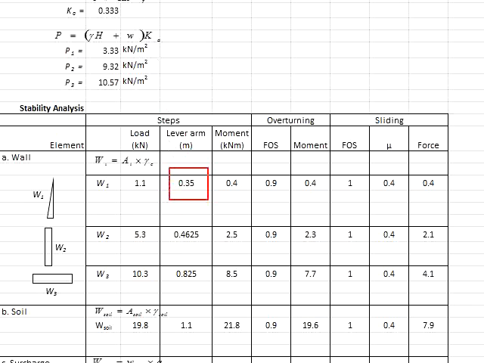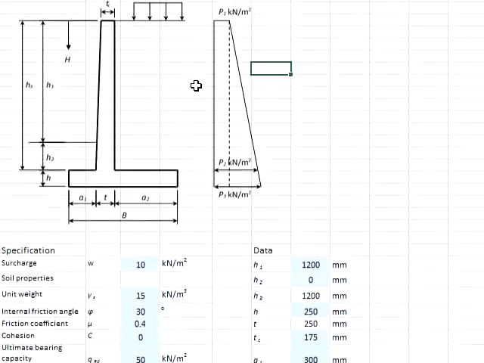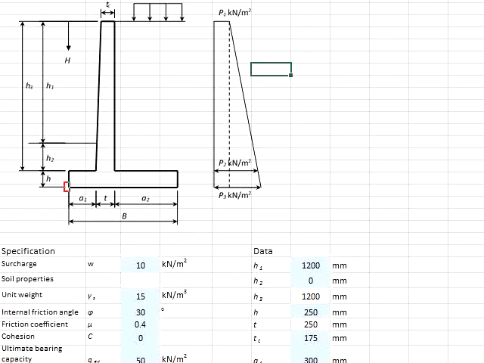The lever arm here refers to the distance from the centroid of the shapes to the rotational point here. That means W1 refers to the centroid of this triangle and the distance from the centroid to the rotational point.